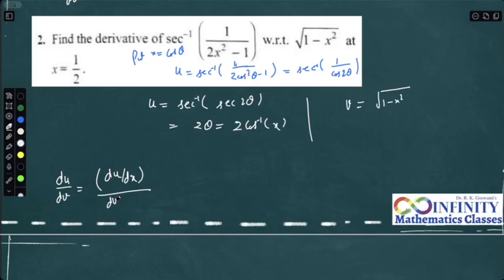Divide by dv over dx. Whatever expression you obtain, at the end you need to plug in x equals 1 by 2, because this was the question. Find the derivative at x equals 1 by 2. Can you please take this question now onwards? Tell me the answer, and after that we'll move to the matrix part.